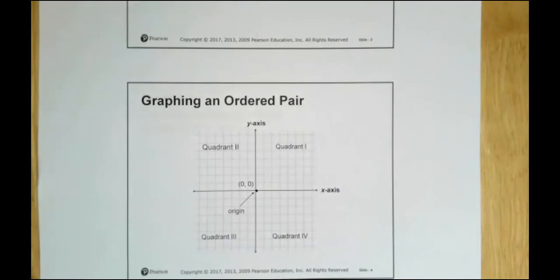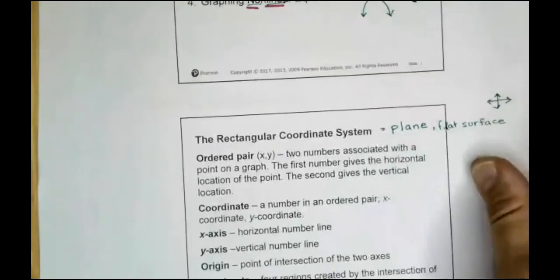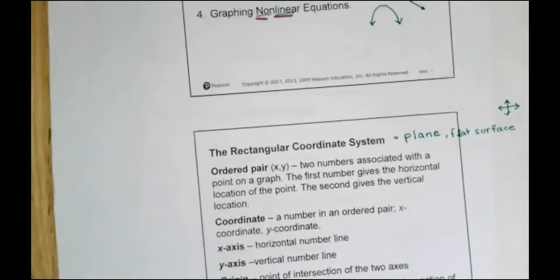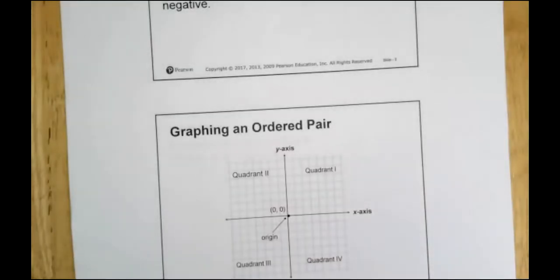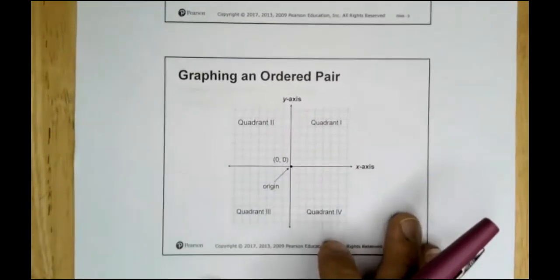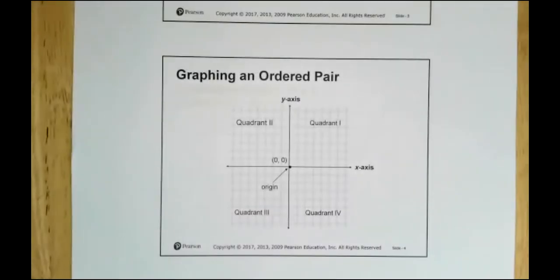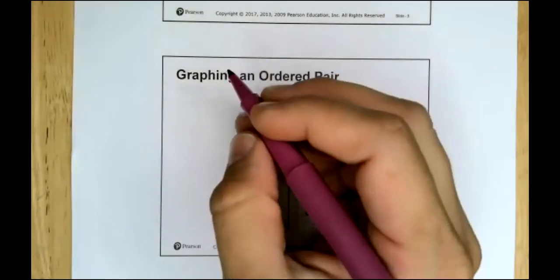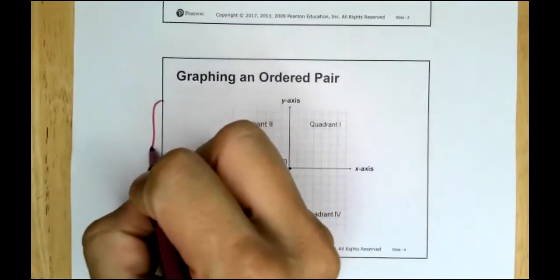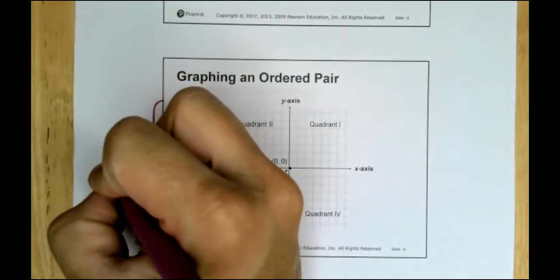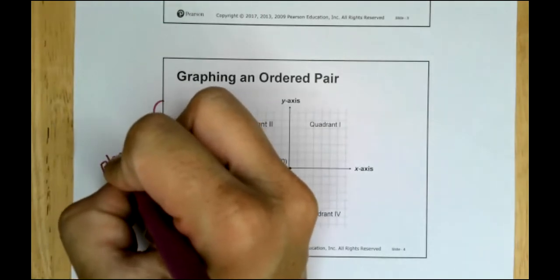Or we can just put a point or an ordered pair on the plane as well, okay? Let's just look at this. So here's our plane, right? This whole thing is a plane, and the plane is where we graph things.